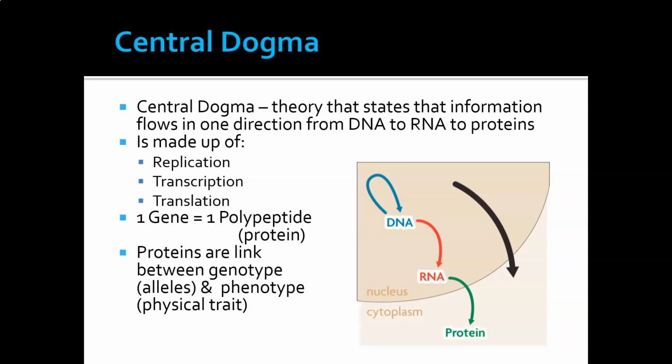So in this particular situation, the central dogma is a theory that states how this information flows through our cells, and it only flows in one direction. Your DNA is the original set of information. The proteins are the ultimate product that we produce.